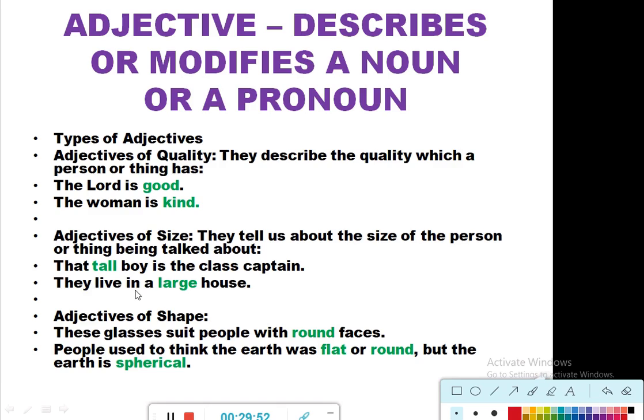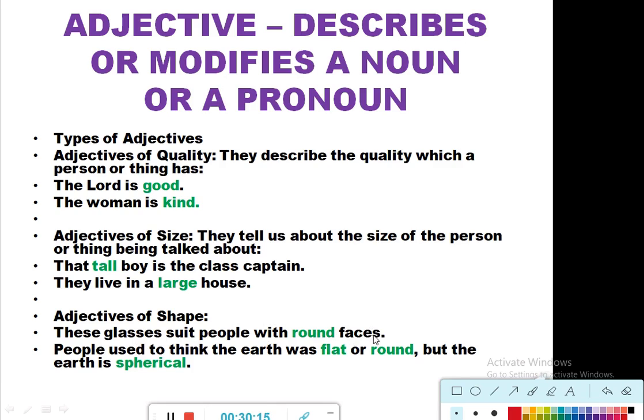Then they live in a large house, in a large house. That is telling us the size of the house. Then we have adjectives of shape that tell us about the shape of the things we are talking about. These glasses suit people with round faces.